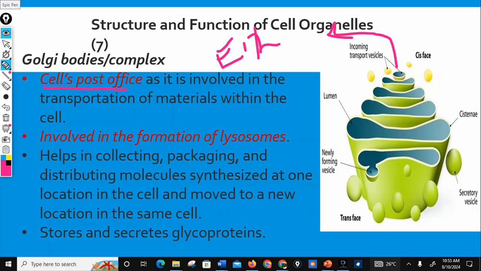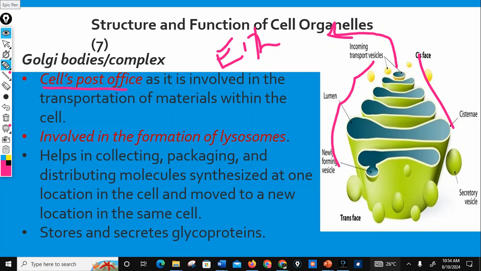That's why you see that their structures are essentially alike. The theory is that some old endoplasmic reticulum change their function and become Golgi apparatus. But that is another thing entirely.